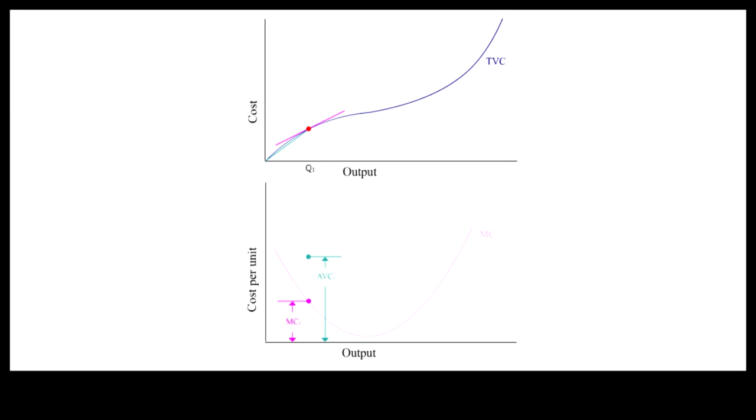MC1 is below AVC1 because the slope of the tangent, MC1, is flatter than the ray slope from the origin, AVC1.